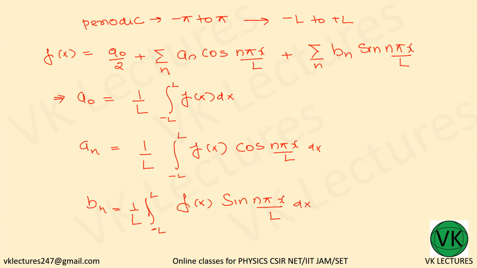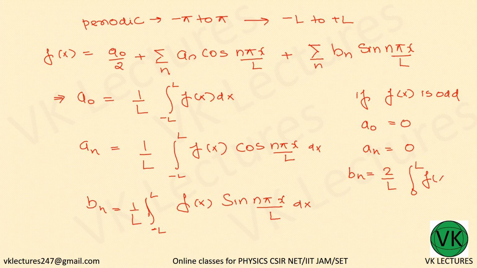Now again, if f of x is odd, then a naught is equal to 0, an is equal to 0, and bn is equal to 2 by L integral from 0 to L f of x into sin n pi x by L dx.